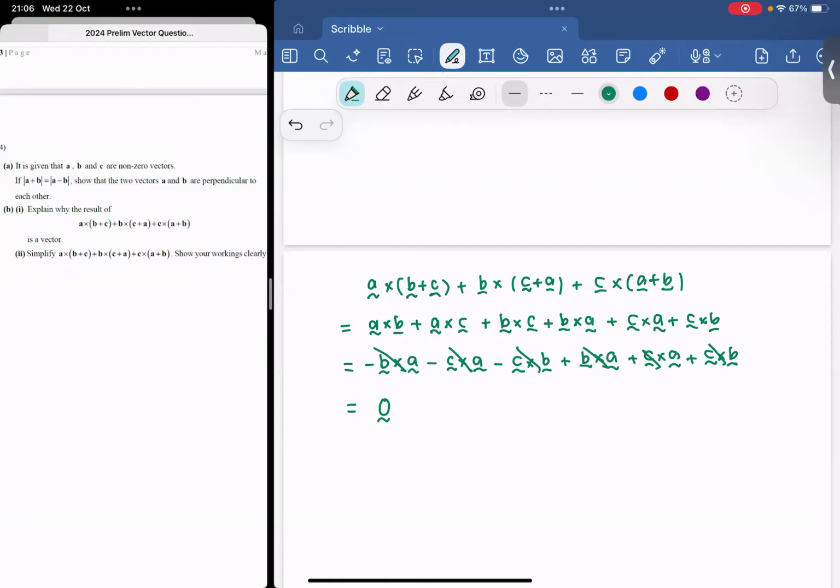If you never put the underline, you will lose the mark. The difference is this: this is equal to this, this is equal to this, so they are two different things. With the underline and no underline, it makes quite a lot of difference. This is not too difficult a proof.